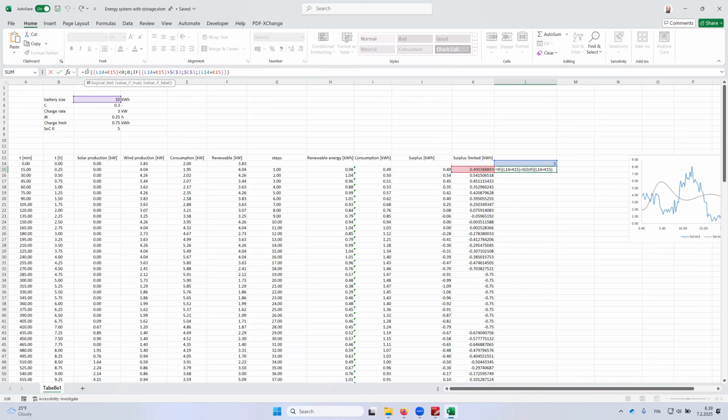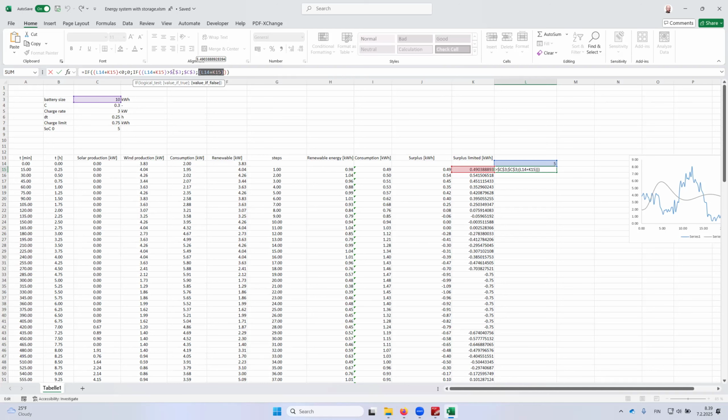So there's an if statement in here. This is the logical test. Value if true, then value if false. And this is the other statement, or rather the second statement, or if values. So value if, or rather logical test in here, then value if true, and then value if false. So before we had just this one. But now we're going to have to check if it goes below 0, then it's 0.